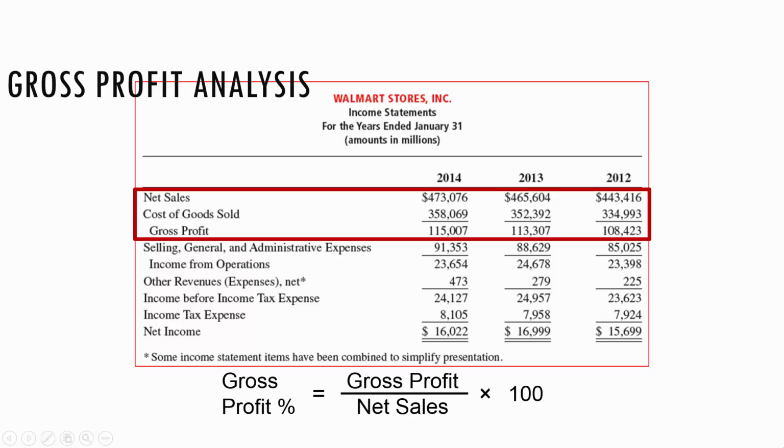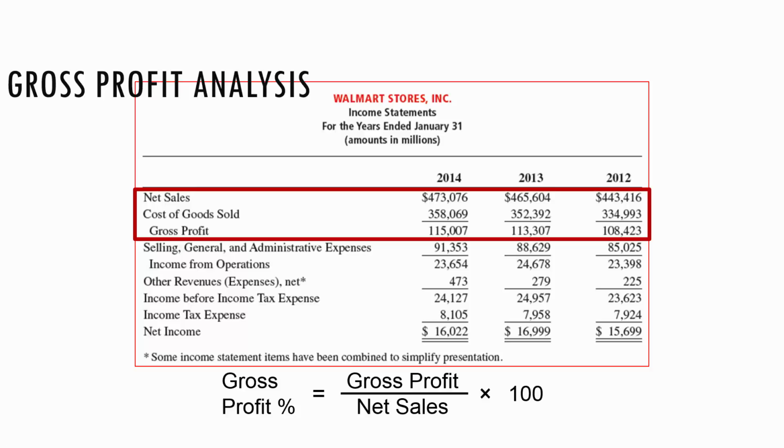Now, I said earlier that there was a number called margin, and I said this is different from gross profit. Here in this set of PowerPoints and in your textbook, they're calling margin gross profit percentage. And what gross profit percentage is putting the gross profit number, this number, on top, and then putting the net sales, which is the top number, on the bottom, multiplying by 100 to get the percentage. Alright, why is this important?